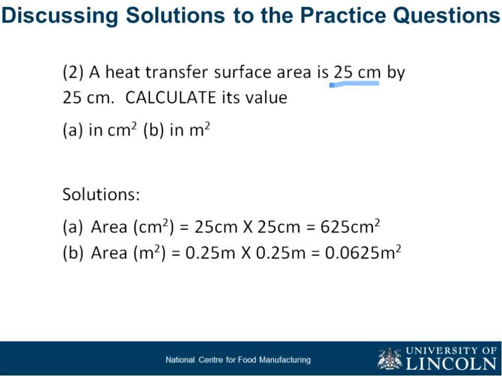You remember that 100 centimeter makes 1 meter, so 25 centimeter will be 25 divided by 100, which is 0.25. So that's why we have 0.25 meter. Okay, we multiply 0.25 meter by 0.25 meter.